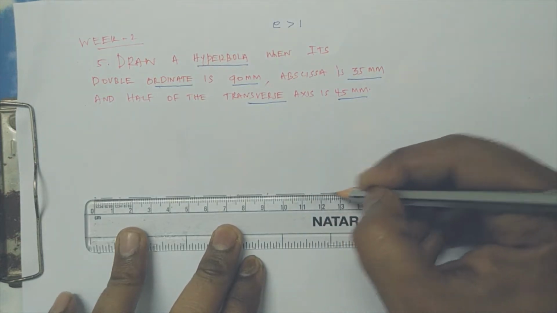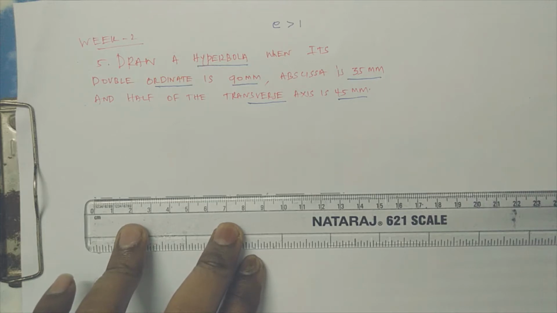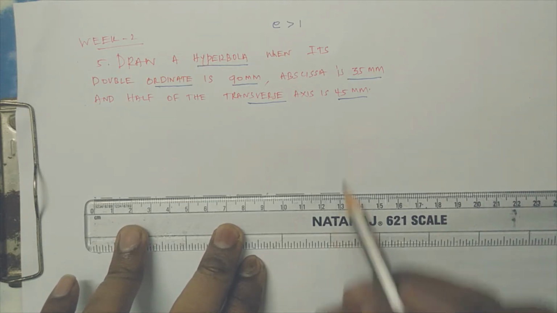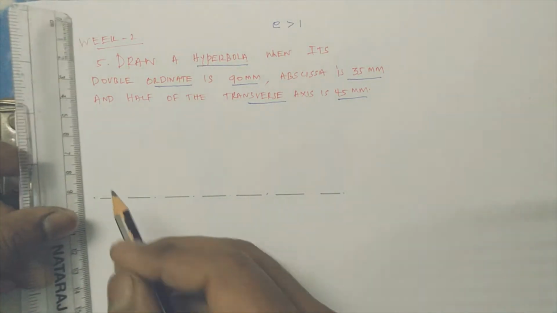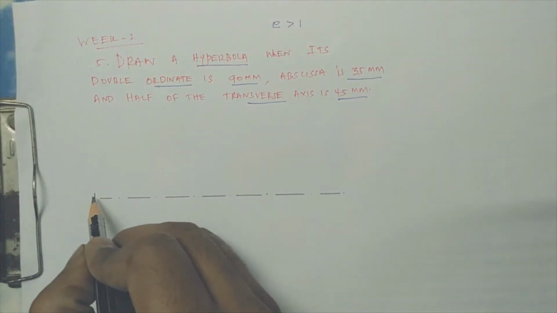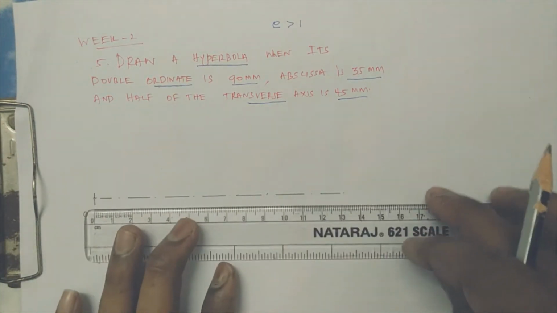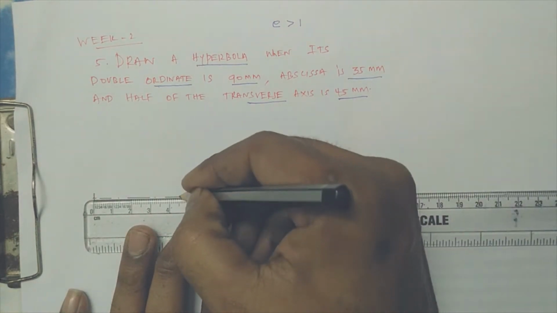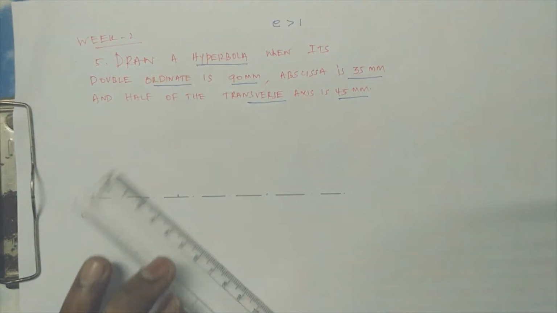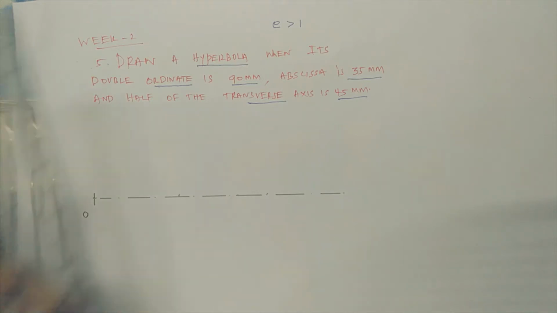The transverse axis is specified as 45 mm, so we derive it from this point O. That is the transverse axis, 45 mm.